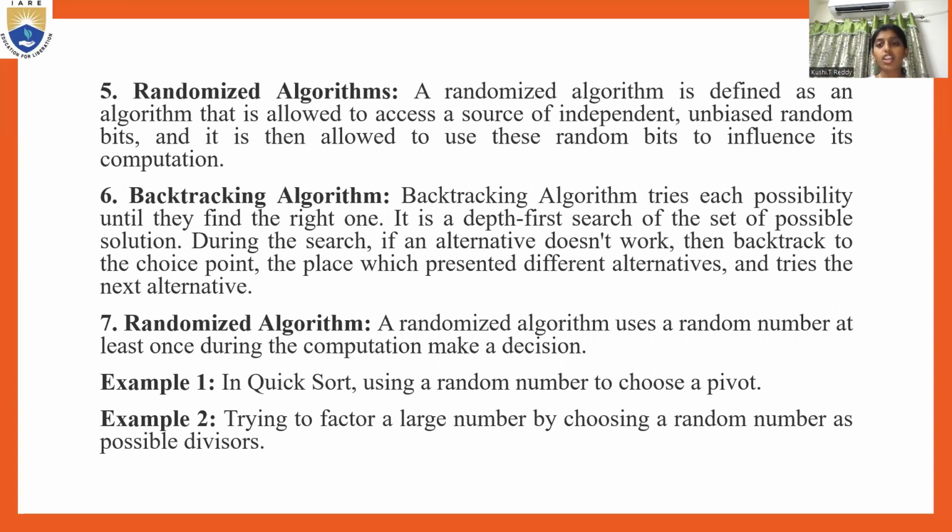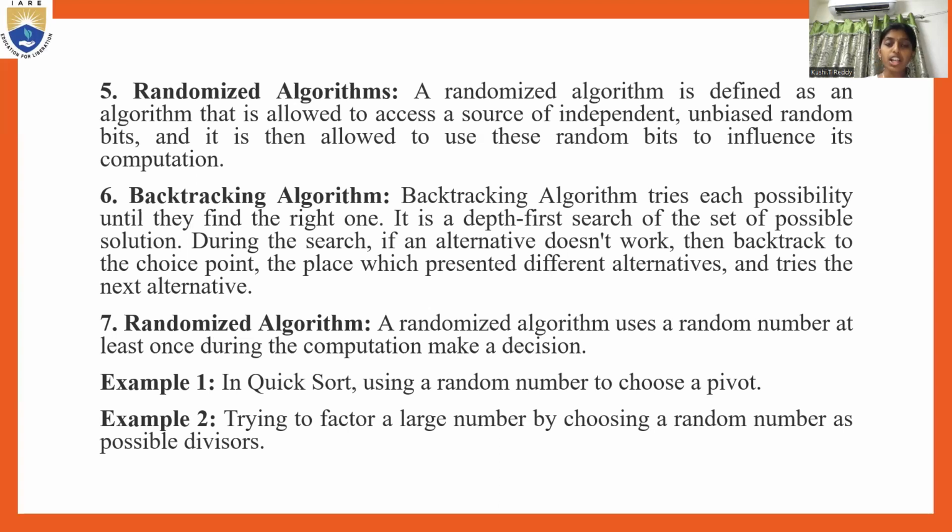A backtracking algorithm tries each possibility until it finds the right one. It is a depth first search of the set of possible solutions. During the search, if an alternative doesn't work, then it backtracks to the place which presented different alternatives, and tries the next alternative.